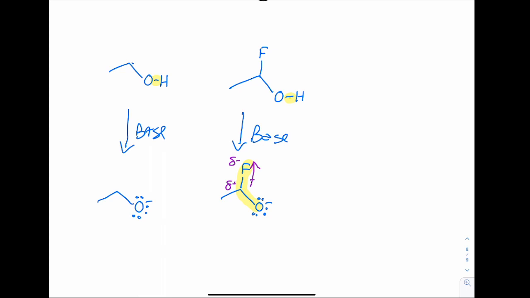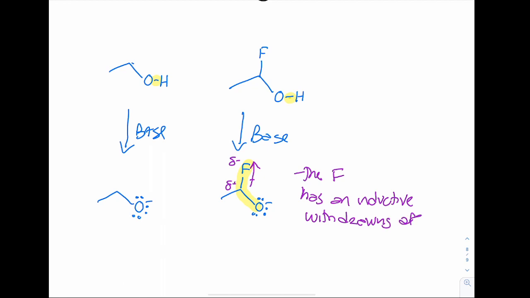We could say the fluorine has an inductive withdrawing effect. Right? It's inductively withdrawing those electrons versus resonance. So the fluorine can stabilize the conjugate base by withdrawing electrons inductively.